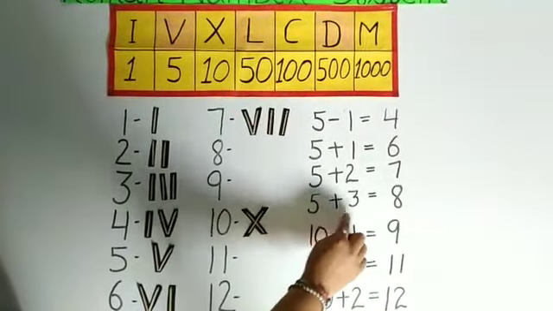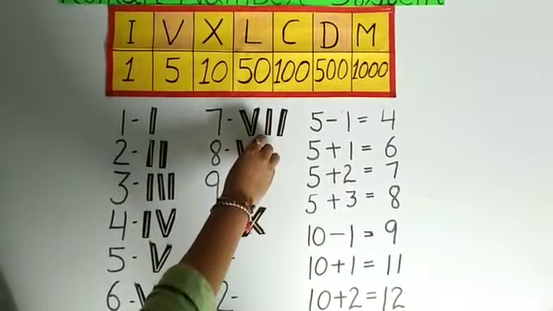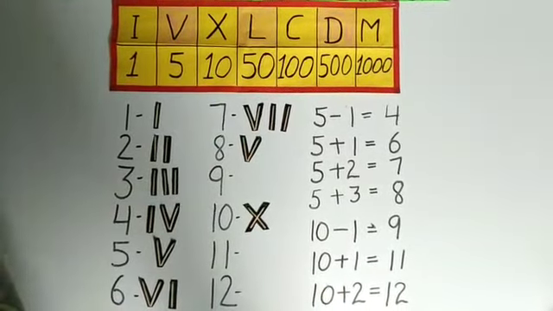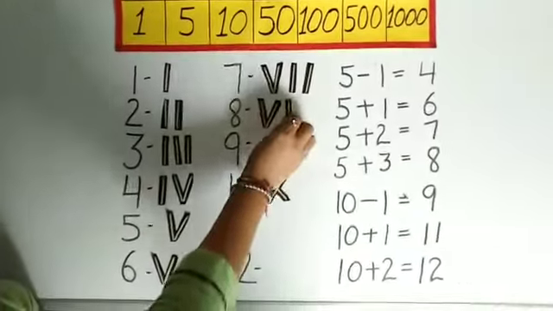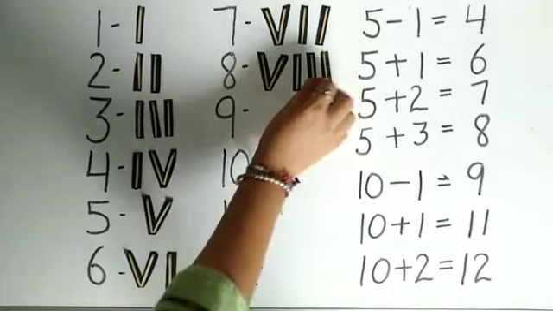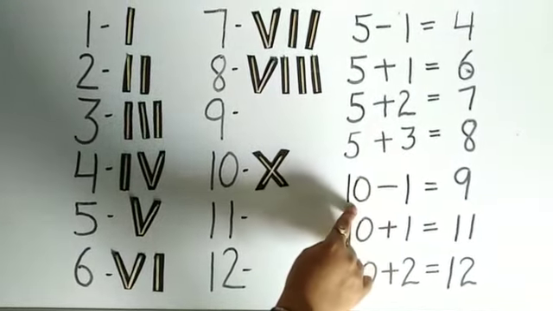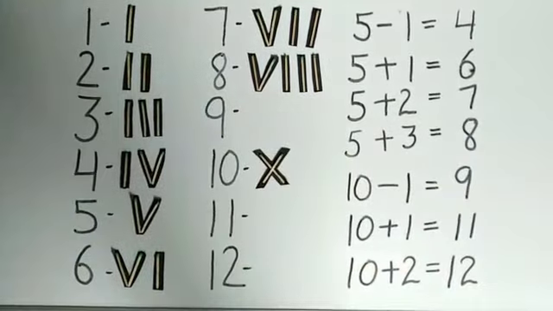As we know, 5 plus 3 is equal to 8. We added 3 on the right side and obtained 8. To write 9, we subtract 1 from 10 and obtain 9.